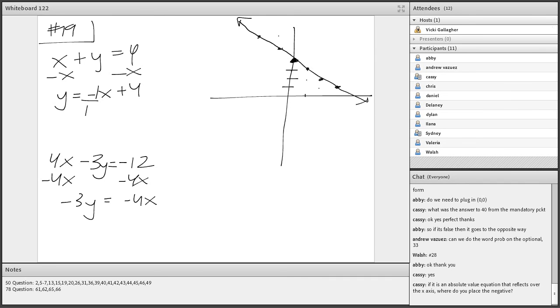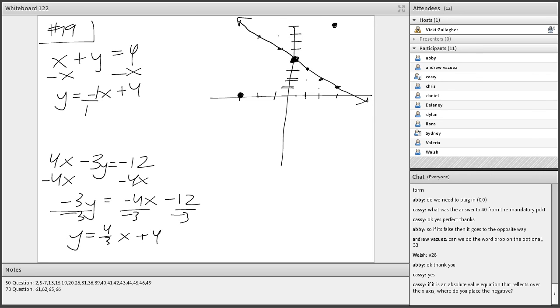So y equals 4/3 x plus 4. So this one also starts on the 4, so it starts in the same spot. And then the slope is positive 4 over positive 3. So 1, 2, 3, 4 up, and then 1, 2, 3 over. So somewhere up here. You can also go 1, 2, 3, 4 down, and 1, 2, 3 over. So you can go in both directions.